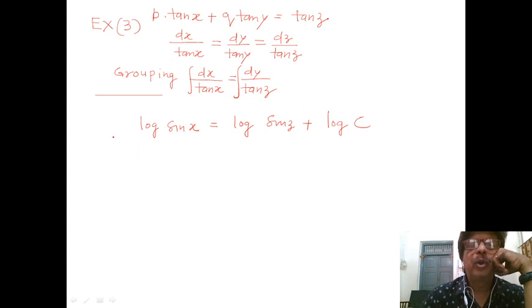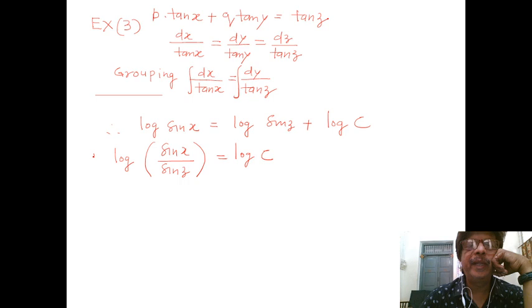So log of sin x upon sin y is equal to log of c.